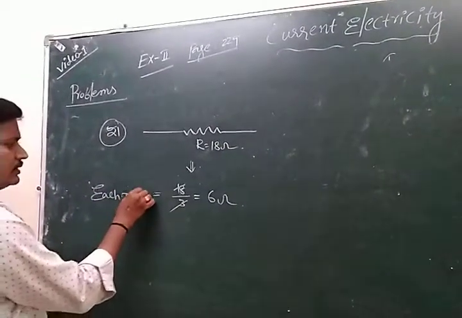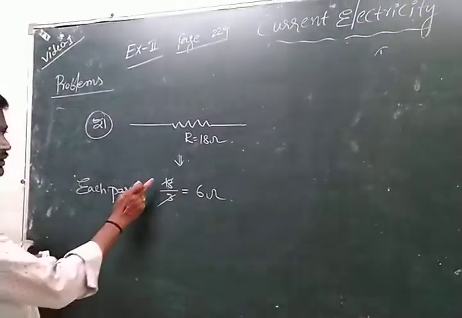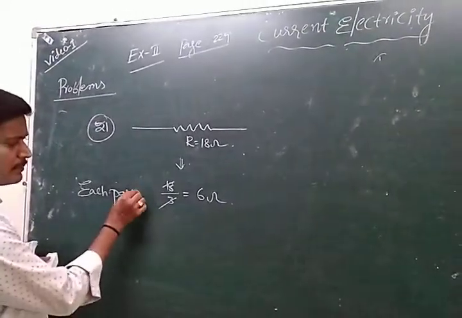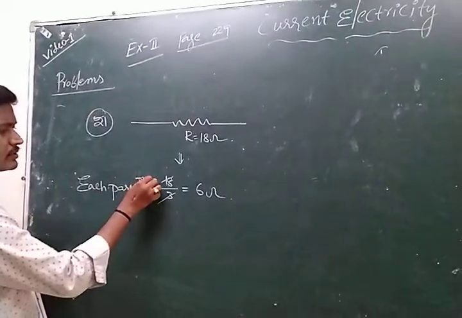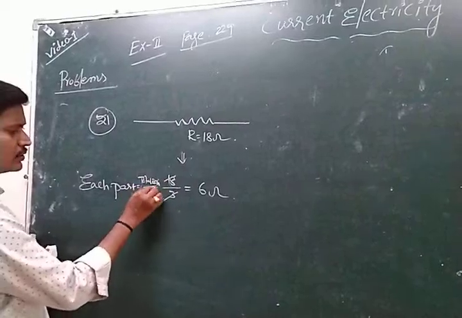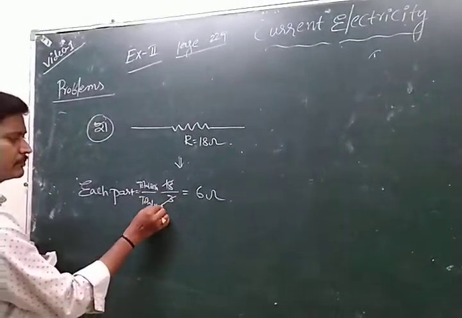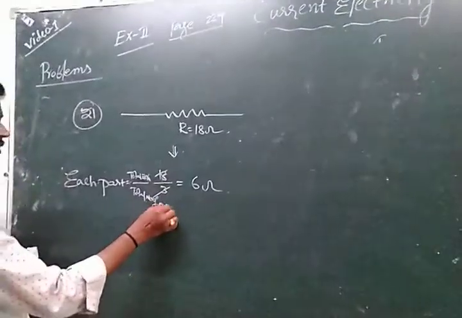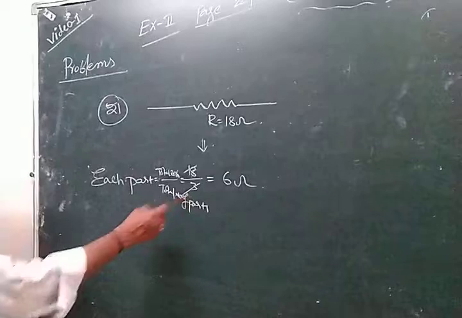Each part is equal to total resistance by total number of parts. So 6 ohms is the value of each part.